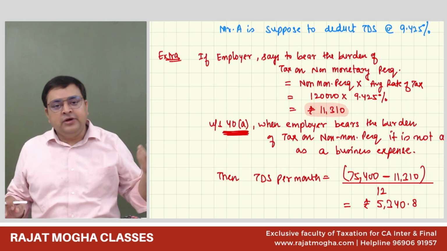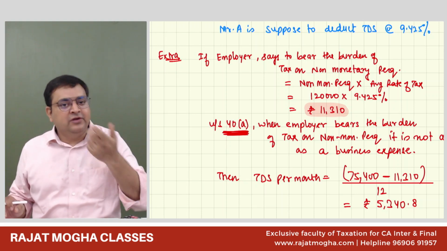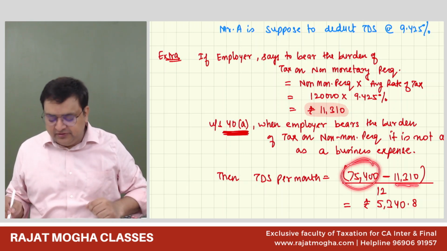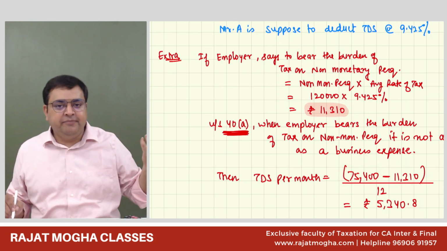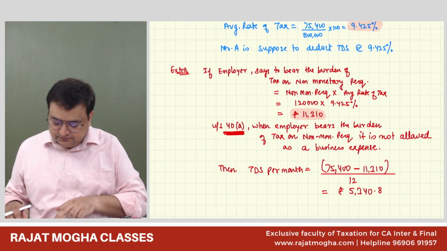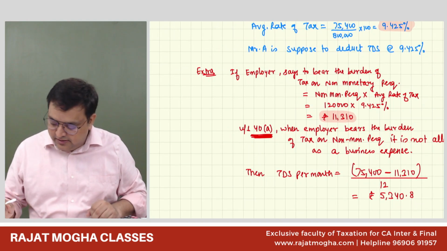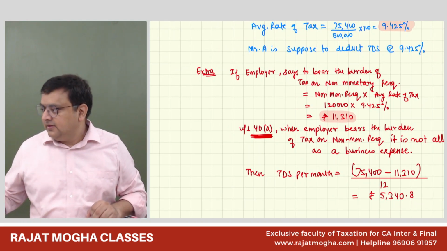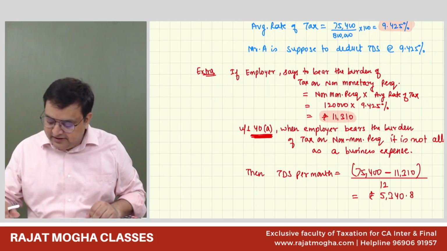Okay, if it is on you, happy enough. So the employee is happy. He will say, now my TDS has been reduced. Out of 75,400, 11,310 his employer is paying. I'm more than happy. So my TDS amount will be reduced. Okay. Let us proceed. Have you done this, guys? Yes, sir. So let us proceed to the next illustration.